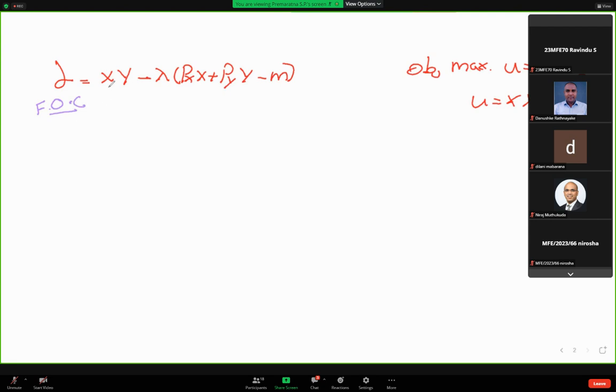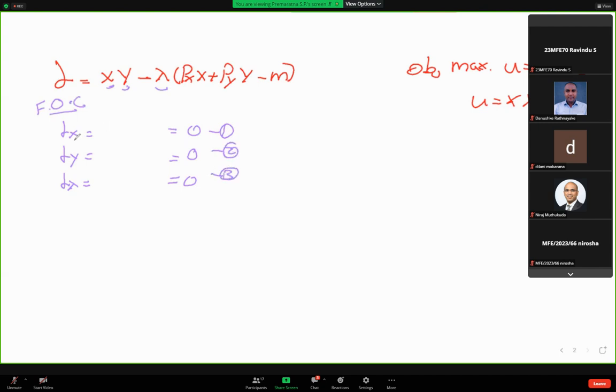With that, for the first order condition, what we have to do first is differentiate with respect to the unknown variables: with respect to X, with respect to Y, and with respect to lambda. For the first order condition, we set them equal to 0. We get three equations.